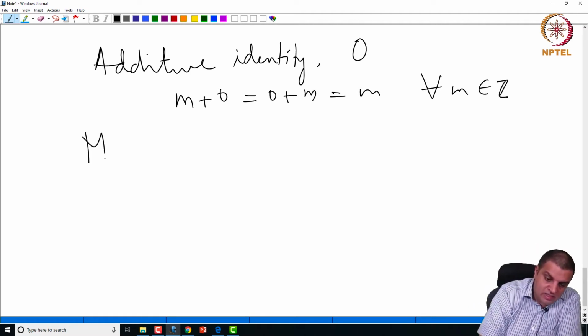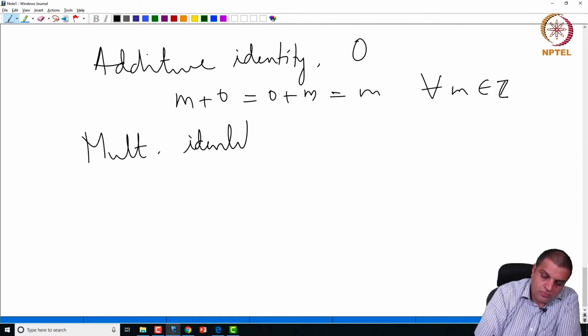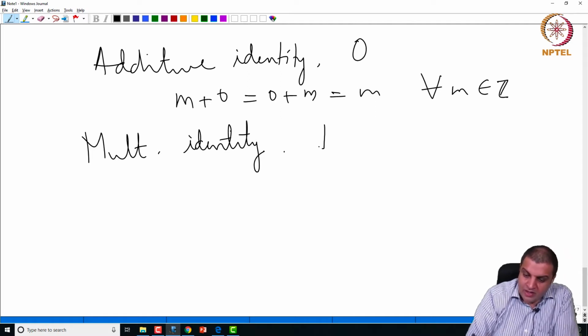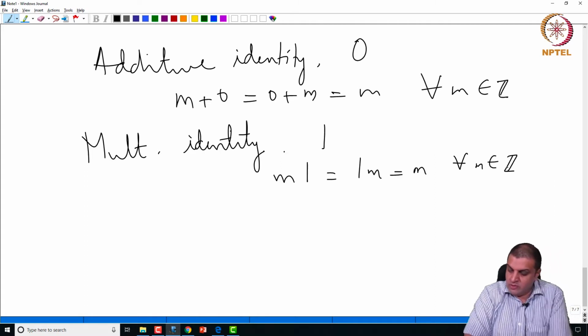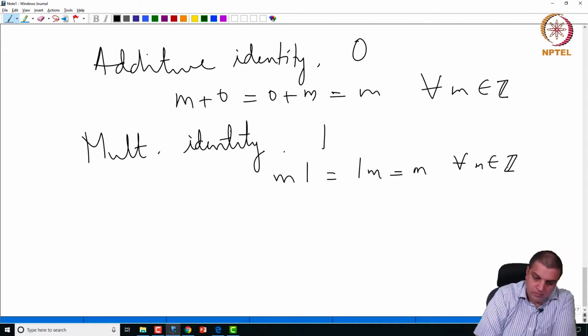And similarly, there is a multiplicative identity 1, and that says m times 1 is 1 times m equals m for all integers m. So now we come to the definition of a ring.